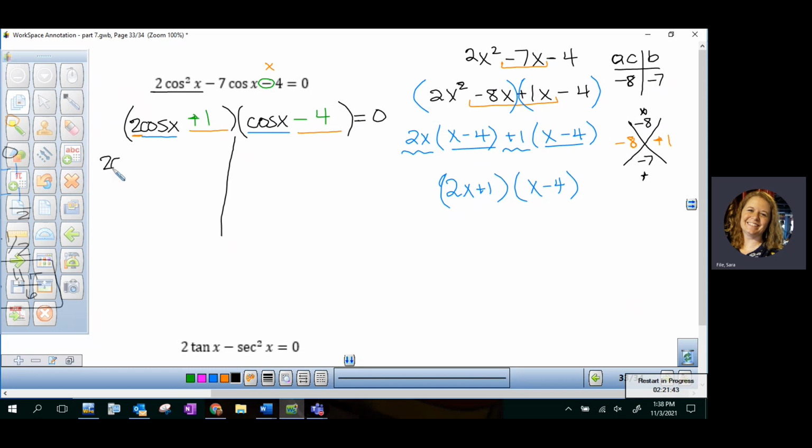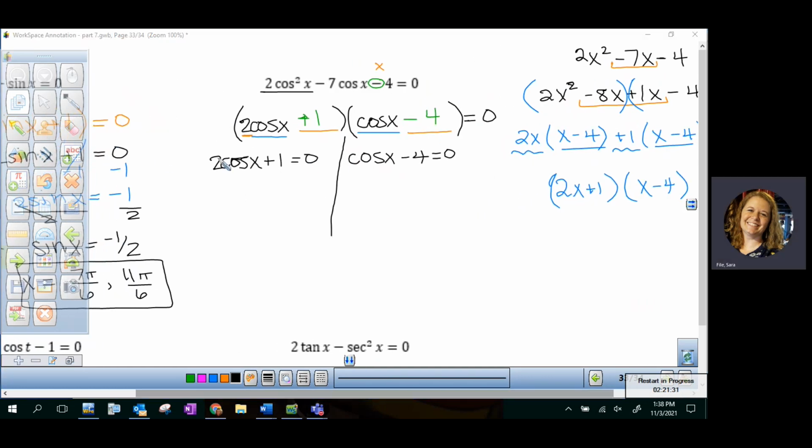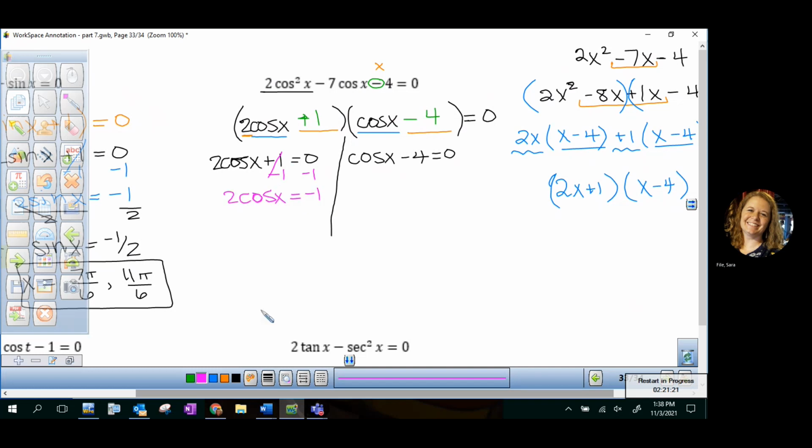So I'm going to set each side equal to 0. All right, so over here, I would subtract the 1. Divide out the 2. I've got cosine of x equals negative 1/2.